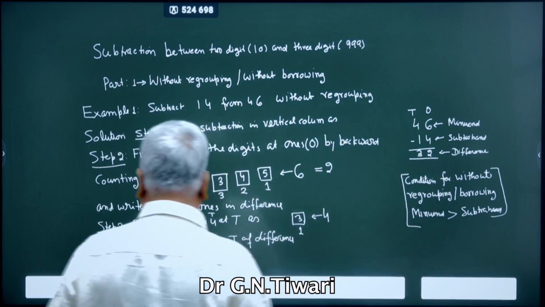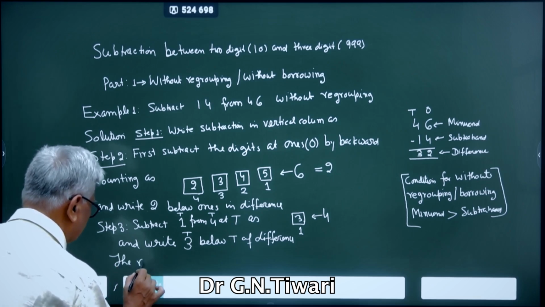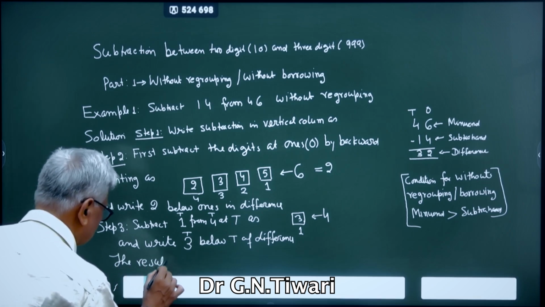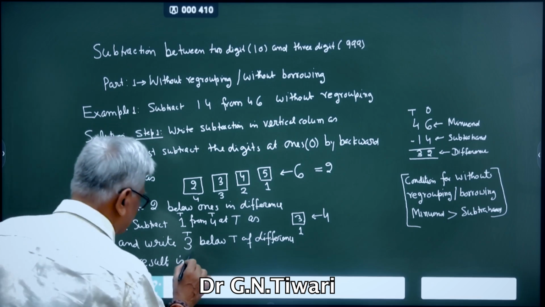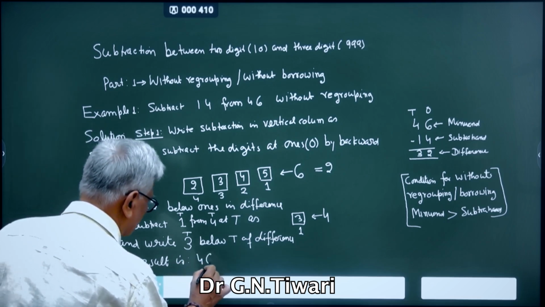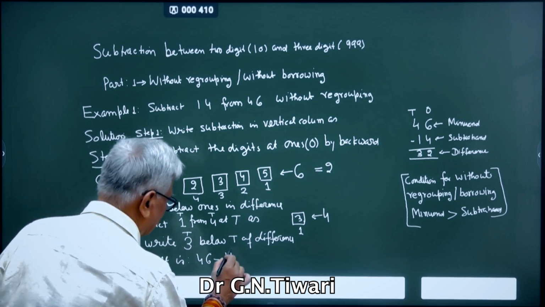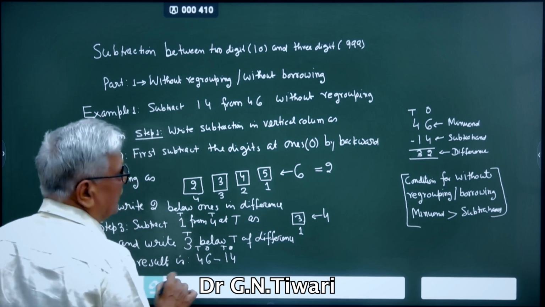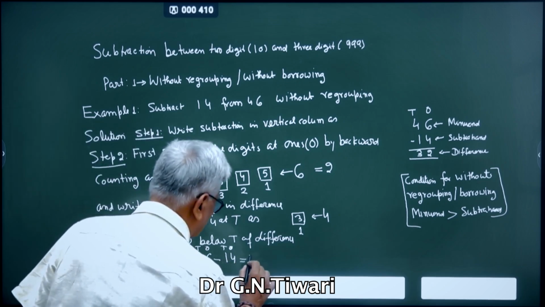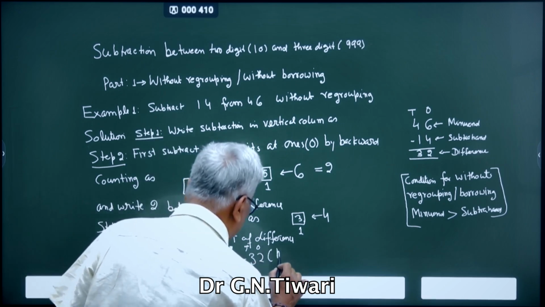So final result is: 46 minus 14 once T is equal to 32 once T. This writing is known as horizontal way.